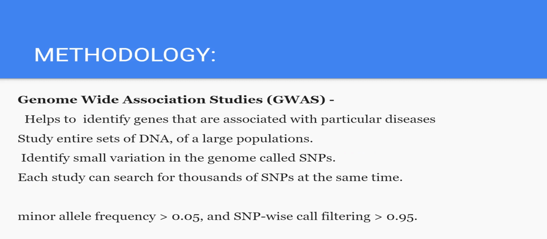The minor allele frequency is the frequency of the minor or recessive gene in a given population, and it helps to differentiate common and rare SNPs. So it's very good for finding SNPs.